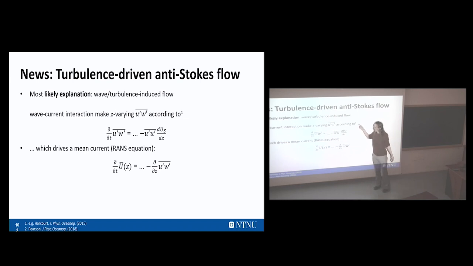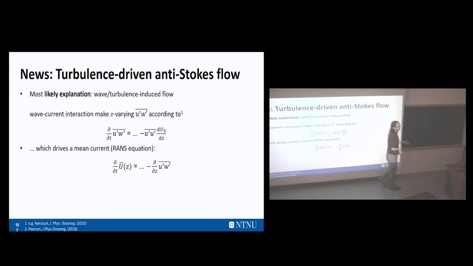Anyway, this is basically the mechanism, we believe: if you take the Navier-Stokes equations and average them, the Reynolds stress is changed by Stokes drift acting on the streamwise Reynolds stress, which in turn, in the RANS, the Reynolds-averaged Navier-Stokes equation, can drive a mean flow.